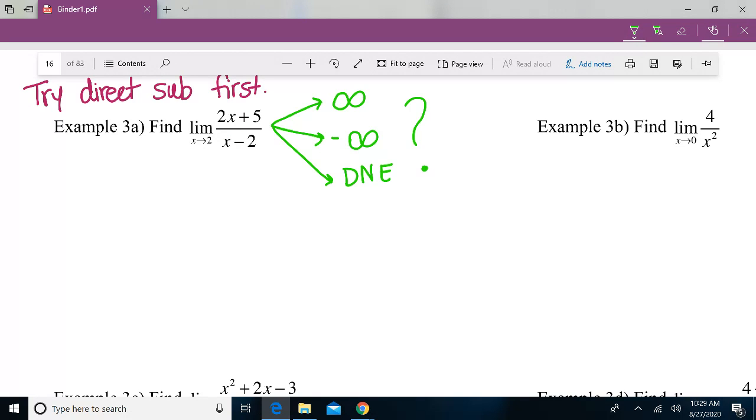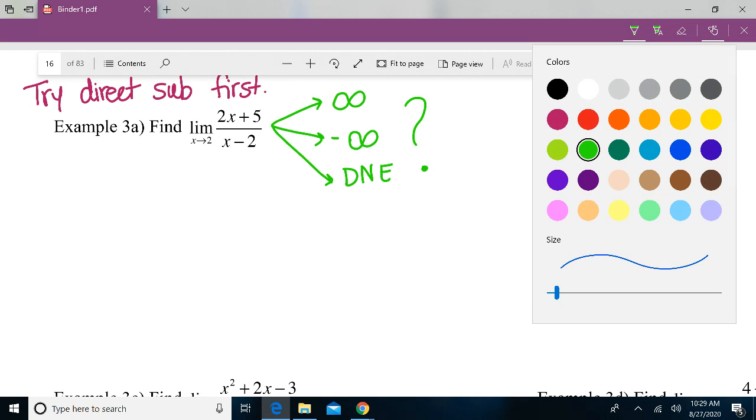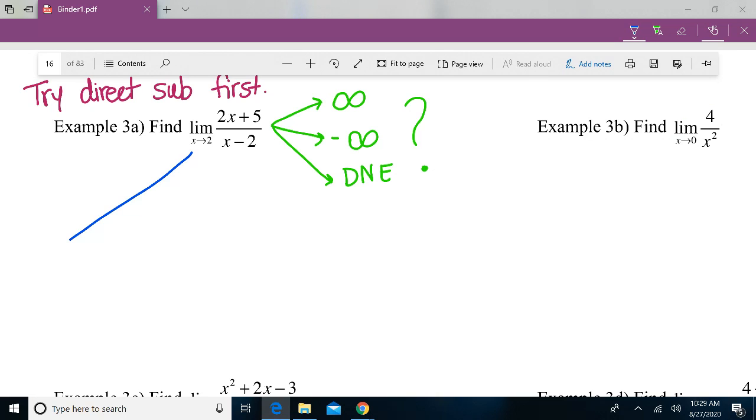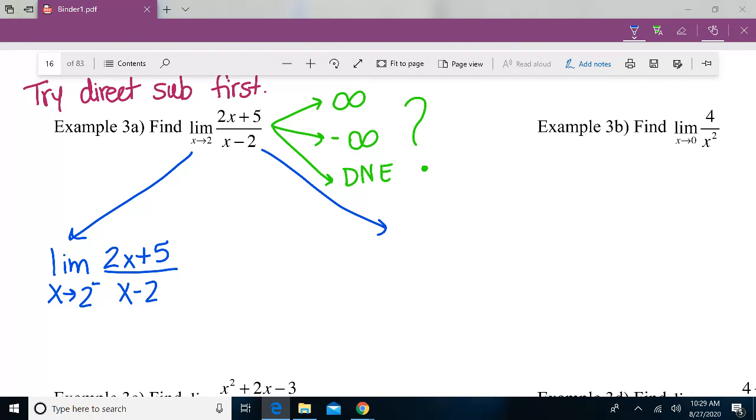So I need to find the limit as x approaches 2 from the left of 2x plus 5 over x minus 2. Then I need to set up another problem. The limit as x approaches 2 from the right of 2x plus 5 over x minus 2.